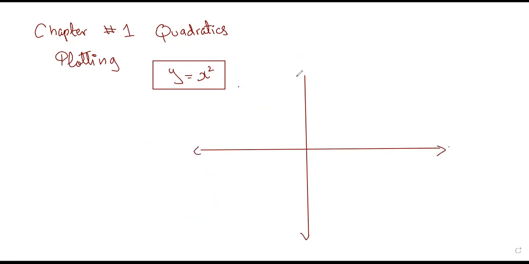Y equals x square has a certain shape of this type, and we call it a parabola.